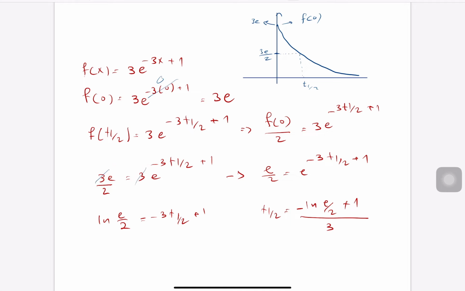Then from both sides I take ln, and ln e per 2 equals minus 3 t half plus 1. I want to find t half, so I move t half here, and I move ln e per 2 here, it becomes minus ln e per 2, and then divide all by 3, and it will be the result of the time of half-life. I can write here this number.